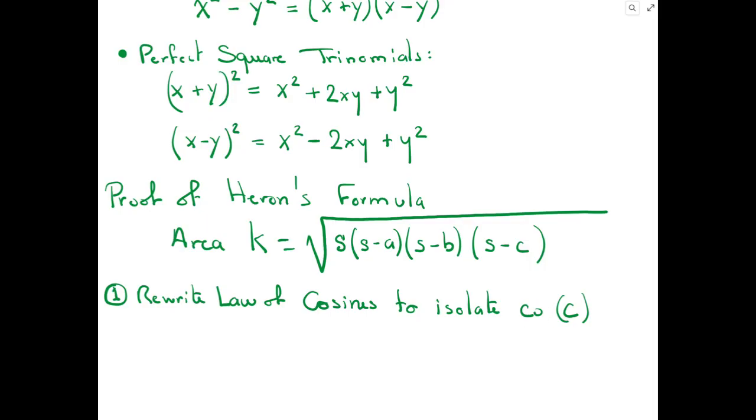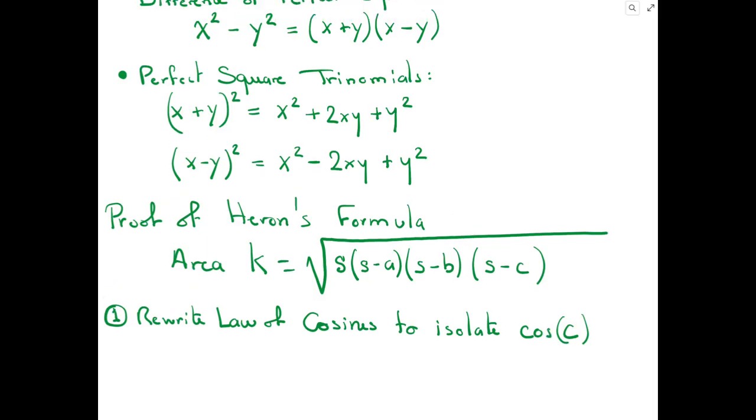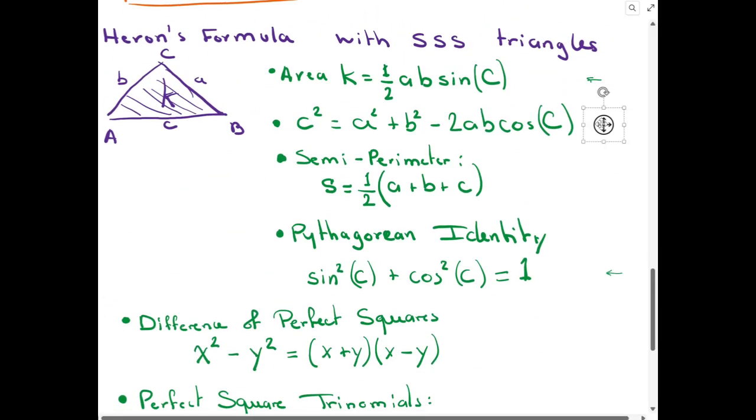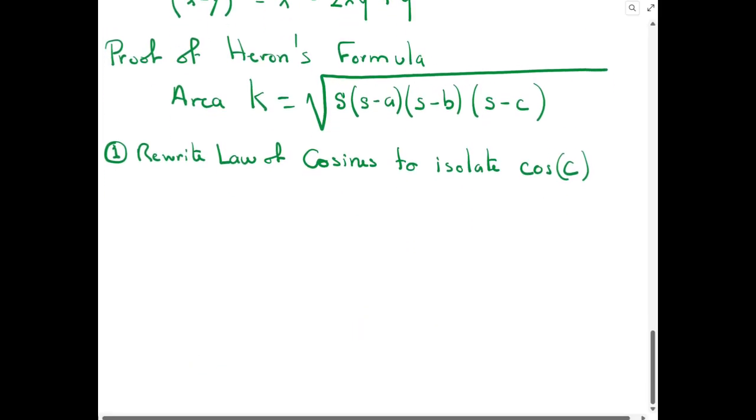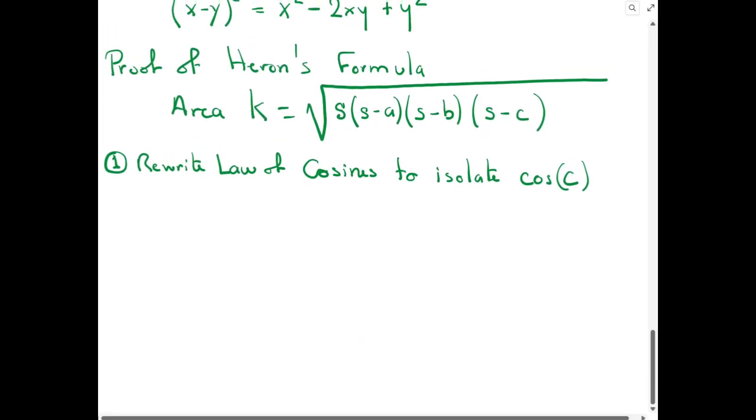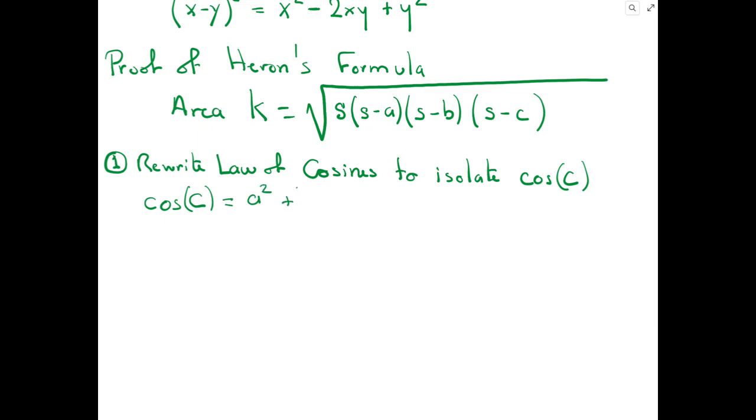Sorry, I meant cosine of C. So up here, I am looking at this formula right there, and I want to rewrite it isolating cosine C. Now, we've already done that in some examples that we walked through, but let's just rewrite it. So cosine C equals A squared plus B squared minus C squared all over 2AB.